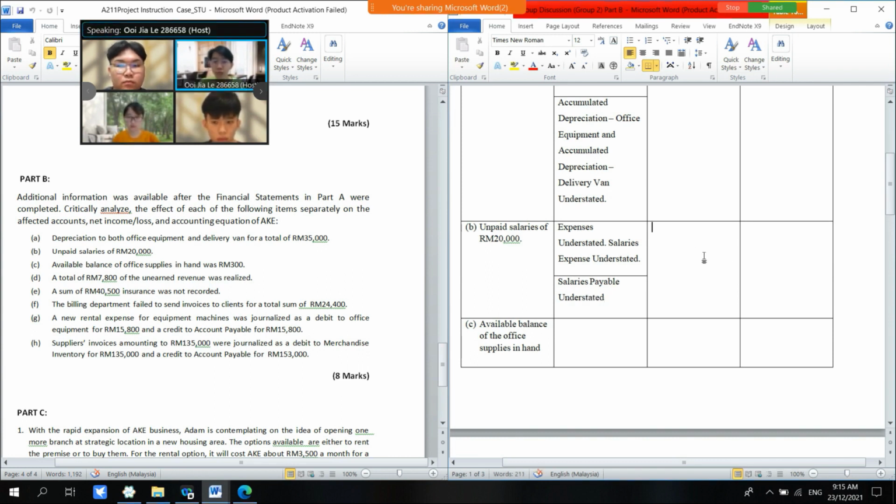The net income is overstated. And liabilities are understated, which is the salaries payable understated. And the last one is the owner's equity overstated.